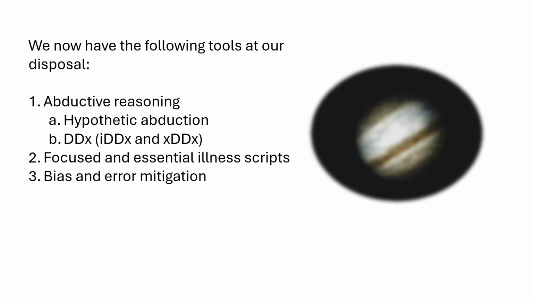And we can use DDX both for diagnosis and for bias correction. We've also got focused and essential illness scripts, and just recently we've looked at bias and error mitigation. So we're going to include all of these things in our search for the diagnosis of lateral elbow pain.